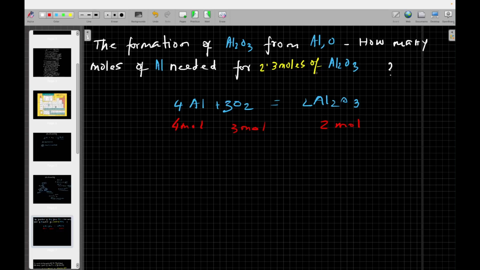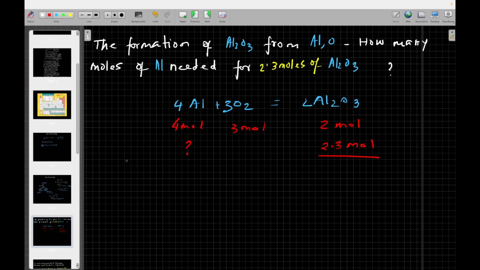The word problem provides the information that 2.3 moles of aluminum oxide is produced. It needs to know how many moles of aluminum are used to produce this amount of aluminum oxide.